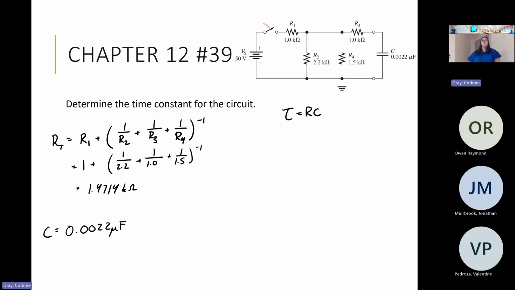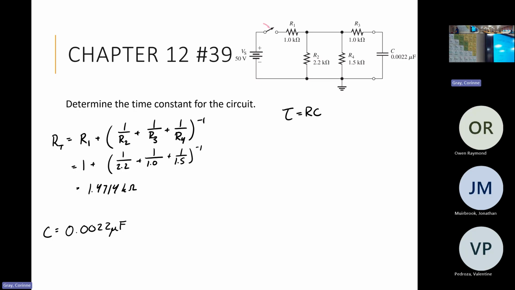So if you are uncomfortable mixing and matching your units, best practice is to convert both of these into their SI units. If we're being honest, giving the answer like this in microfarads is absolutely silly. I don't like this. We could have just done 2.2 nanofarads. It's the same value.